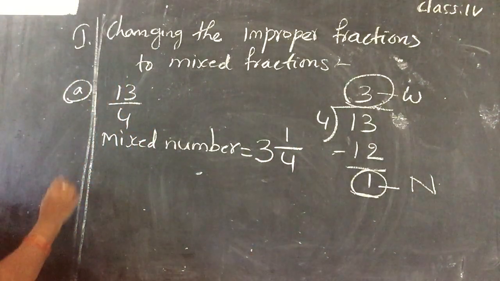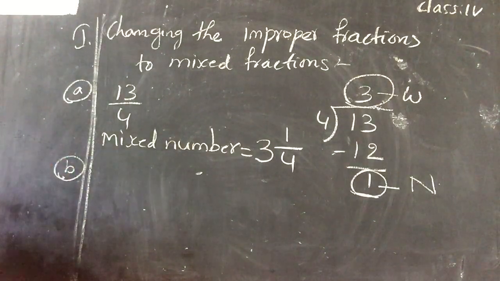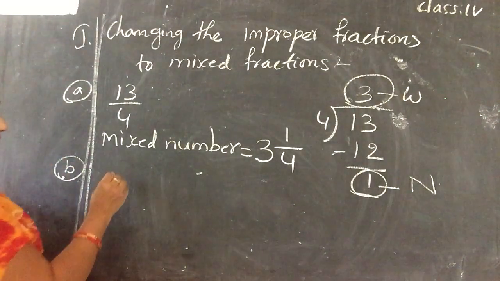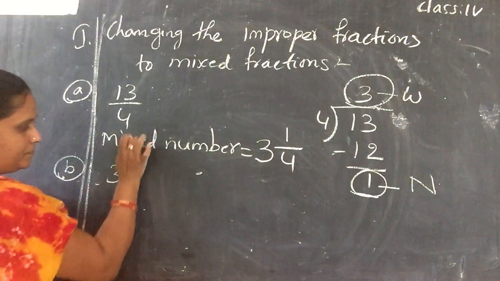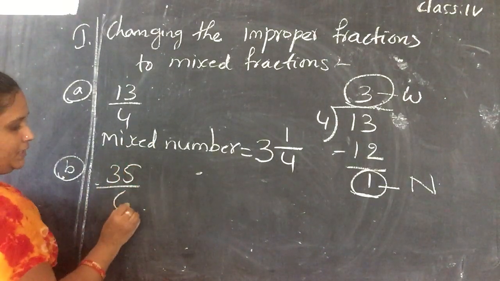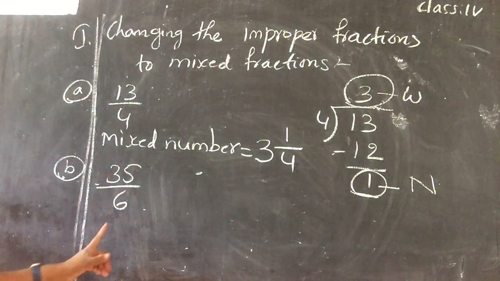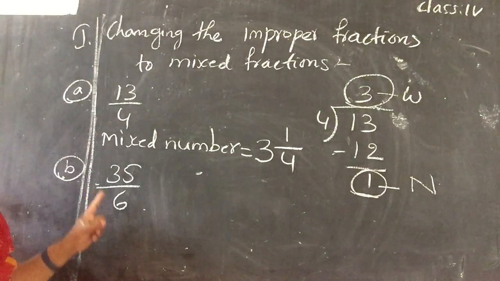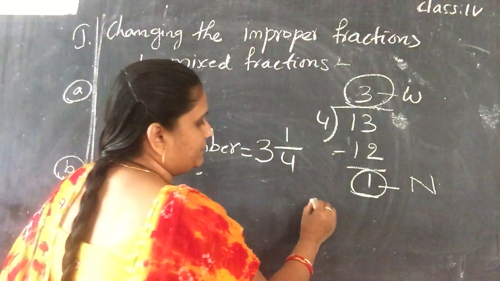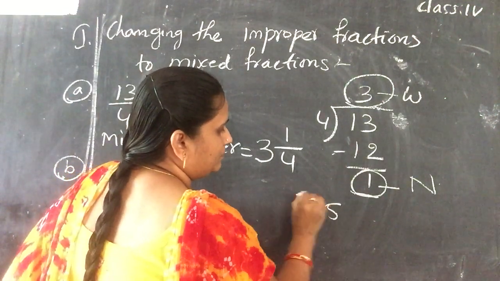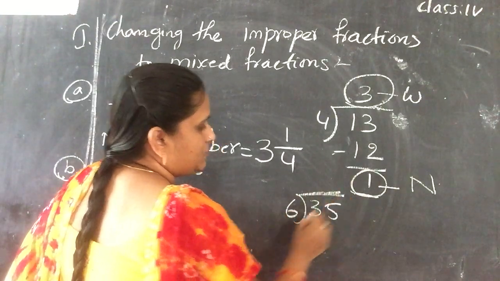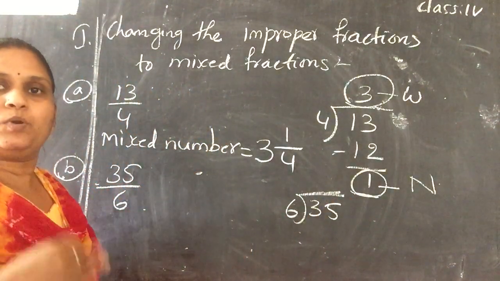Okay, we will do the second one also. Remaining sums you have to do it as a homework. 35 by 6. Same, this is also with the 6 you have to divide 35. Okay, 6 6s are 36. It is more than 35.